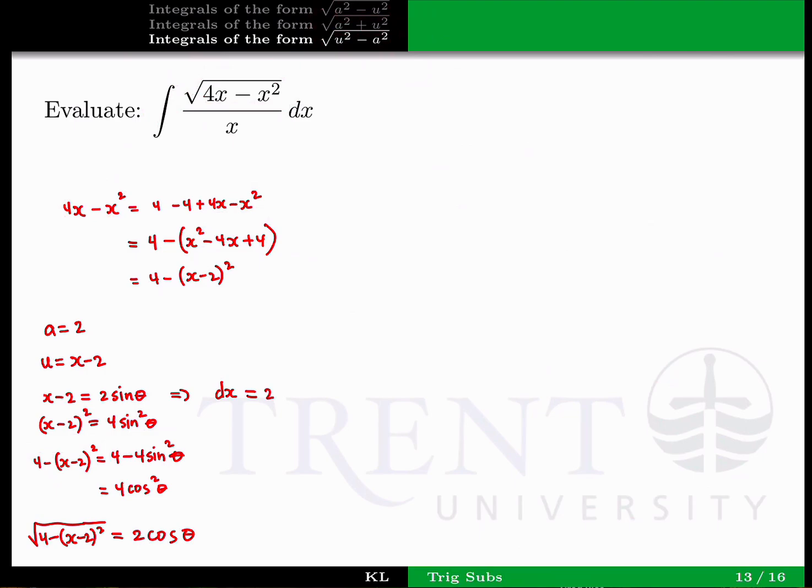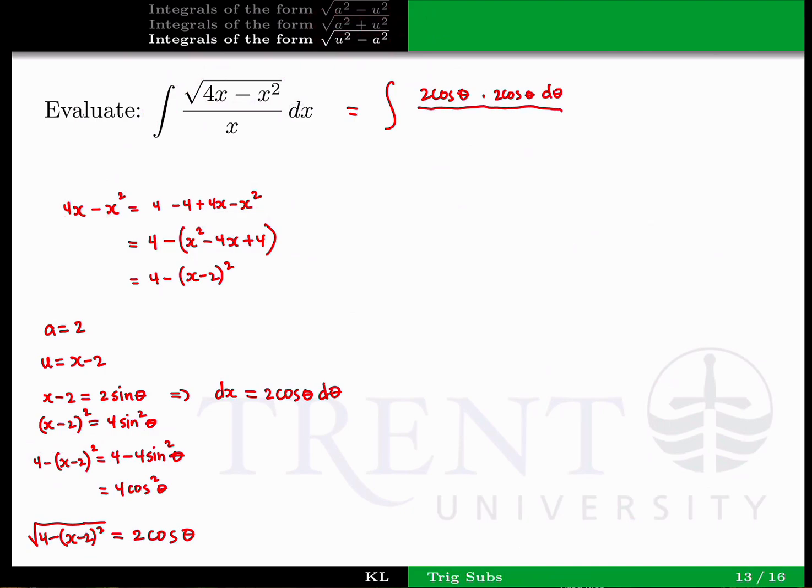On the other side, we will have 2 cosine theta d theta. So here we will have the integral of 2 cosine theta, and then we have the dx, which is times 2 cosine theta d theta.